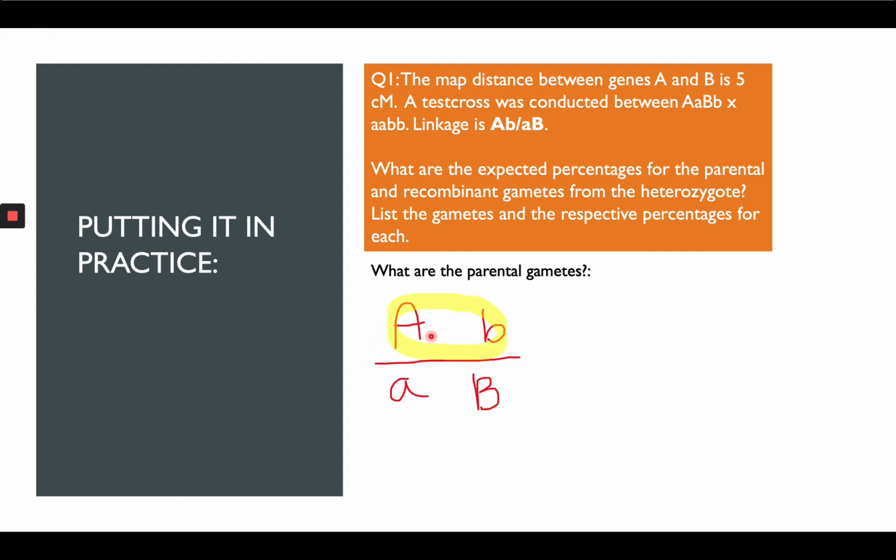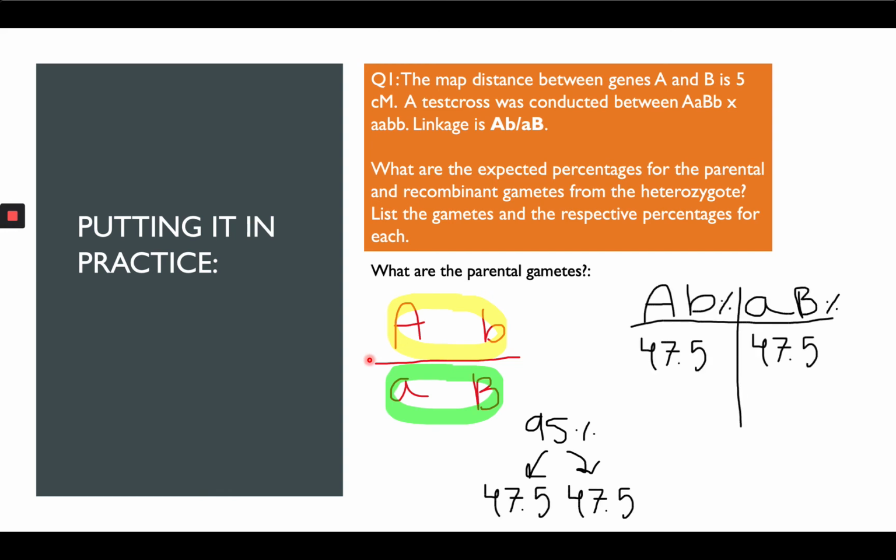So, one gamete is big A with little b, and the other is little a with big B. We know that 95% of our gametes are parentals. So 95 divided in half is 47.5%. This means that 47.5% of the gametes are big A with little b, and the other 47.5% are little a with big B.